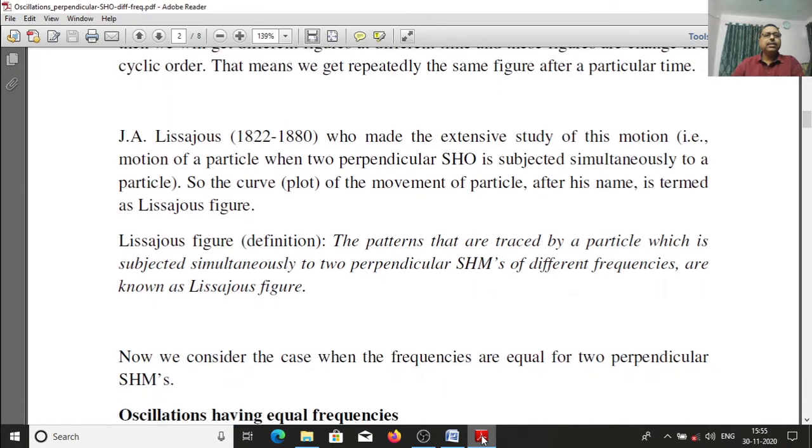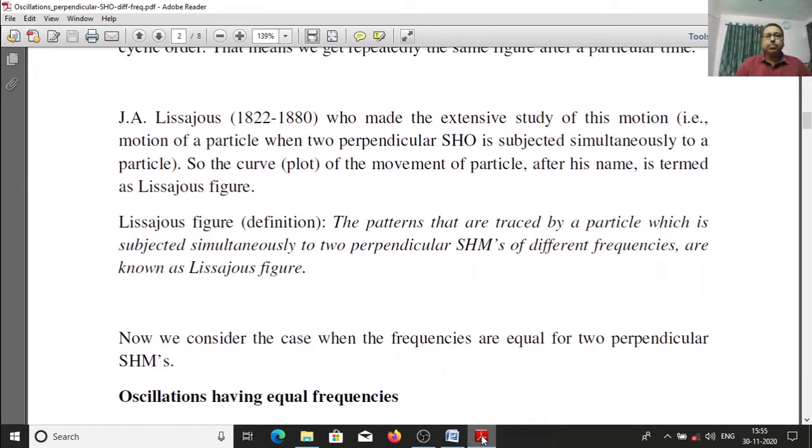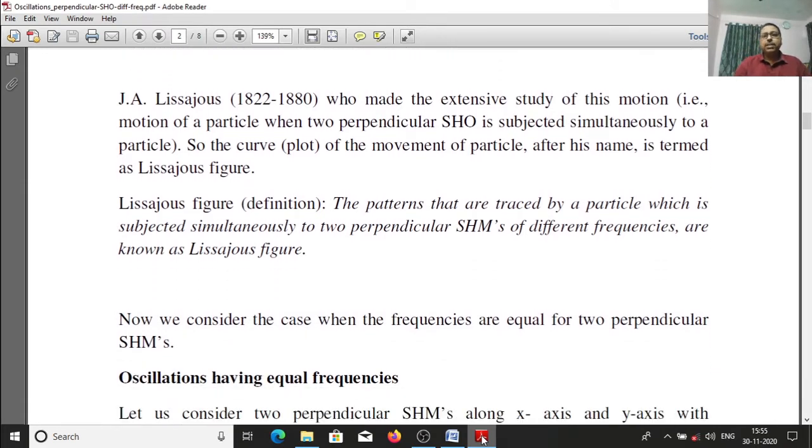The scientist J.A. Lissajous made an extensive study of this motion, that is, the motion of a particle when two perpendicular simple harmonic oscillations are applied to it simultaneously. The curve of the movement of the particle is termed, after his name, the Lissajous figure.